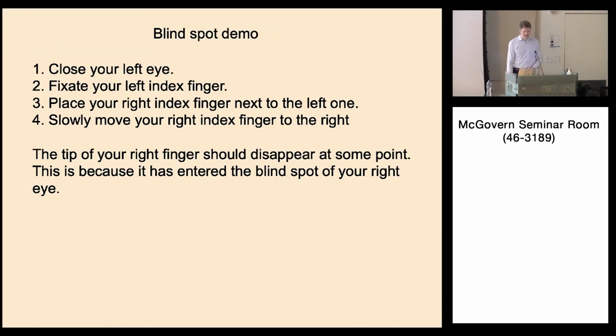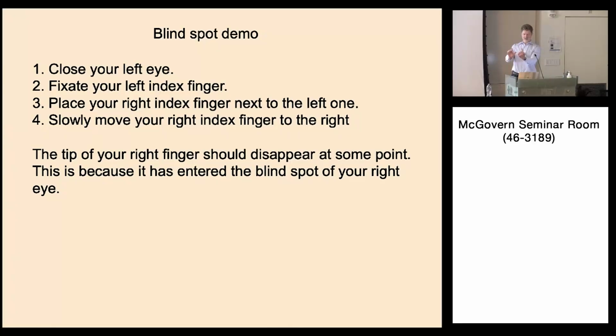So I want you to close your left eye and then fixate your left index finger. Okay. So I'm going to do this myself. You're then going to place your right index finger next to the left one, and then slowly move your right index finger to the right. Okay, so again, close your left eye, and then move that finger away, and then, yep, there we go.